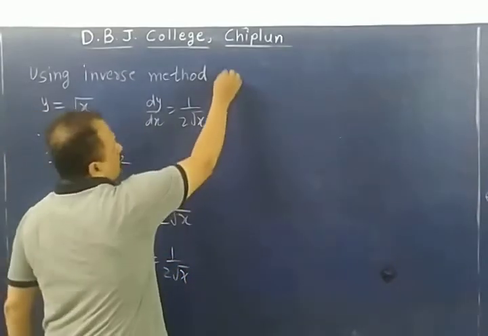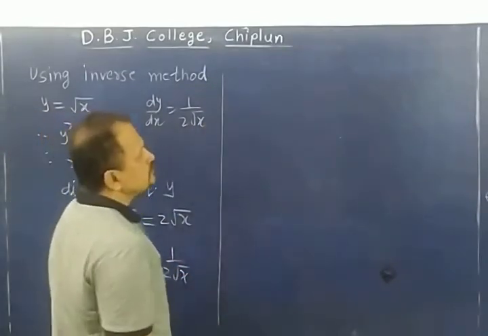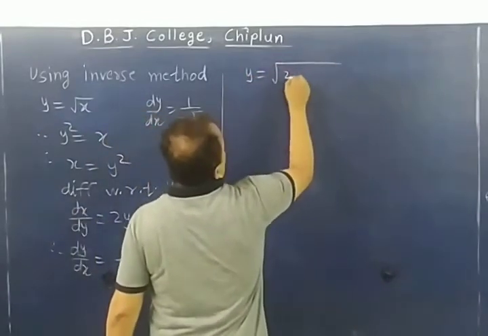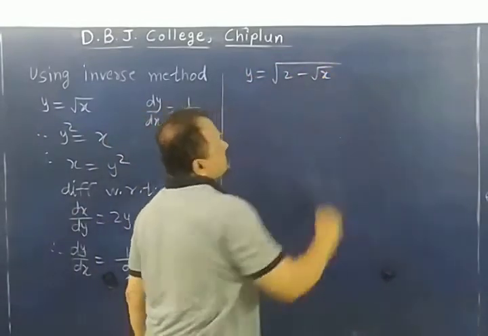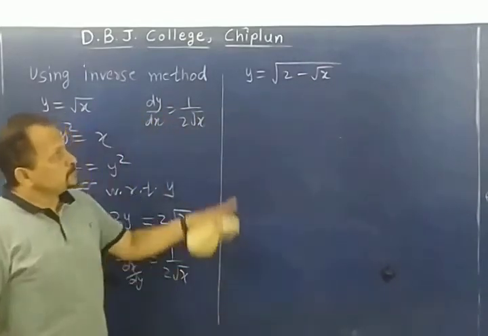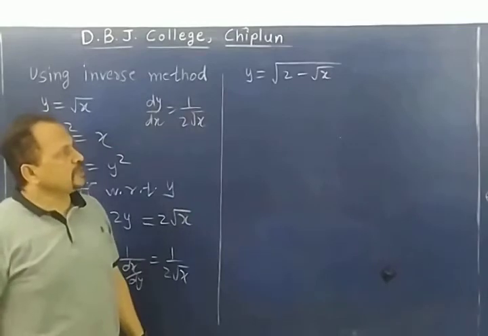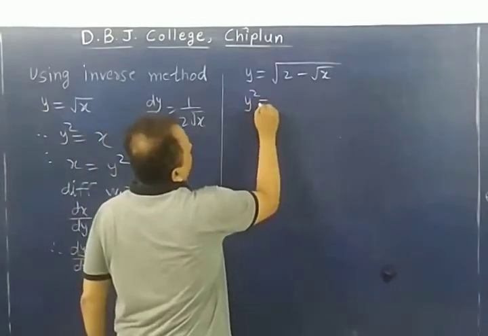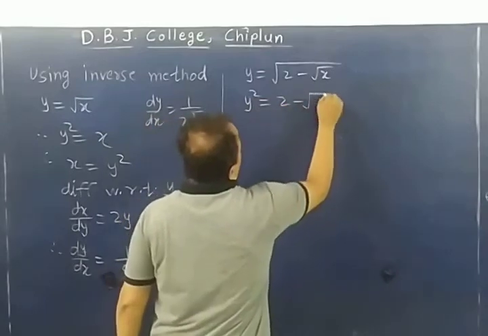We got the desired answer. Let us take one more problem. Y equal to under root of 2 minus root x. I am taking the problems from textbook only. Squaring both sides, we get y square is equal to 2 minus root x.